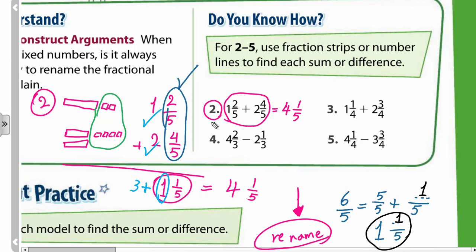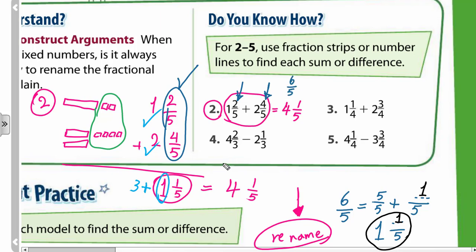I don't know. Okay, start with the fractions. 2/5 plus 4/5 equals? Quickly. Yes, teacher. 6. Yes, 6/5. So we have now 6/5.